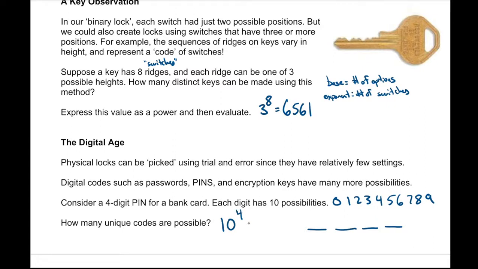So it's going to be 10 to the power of 4, which tells me the number of options. Again, rather than writing out every single PIN number, I can just do it mathematically and see that there's going to be 10,000 possible codes.